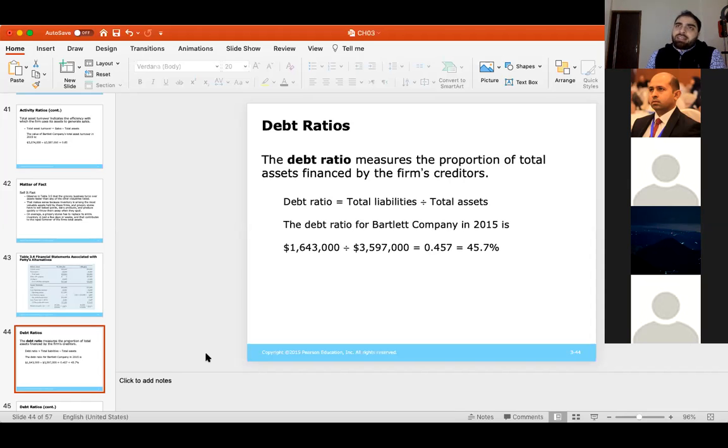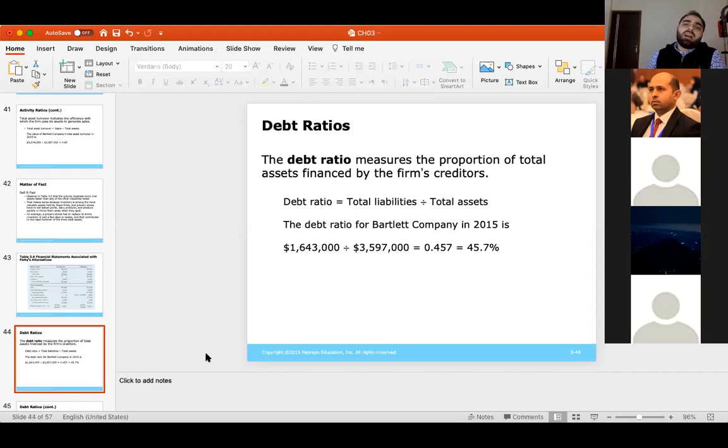In that case, it depends. I can't say that this is good or bad. It depends on the characteristics of the company, because some companies tend to borrow more money, and other companies prefer to finance their activities from other sources. We know that we have two different sources of finance.